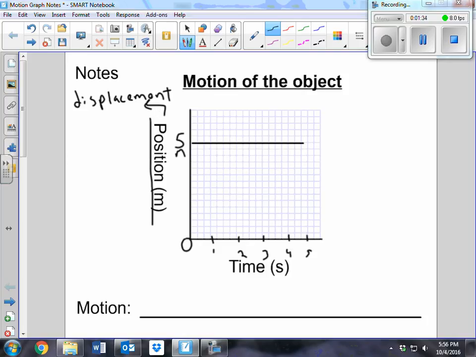And hopefully you should be able to pause and tell me that it has a zero slope because it's a flat line. So in this case, if I'm standing there at 5 meters, the question is, do I move? And according to this graph, I don't move. So the motion of the object is that the object is standing still. There is no displacement according to where they started from, 0 being the origin.